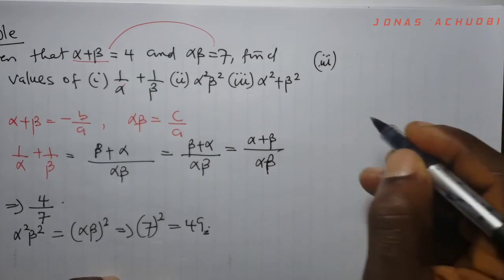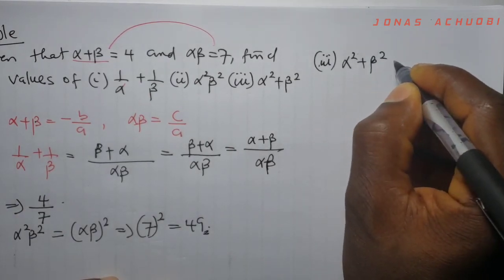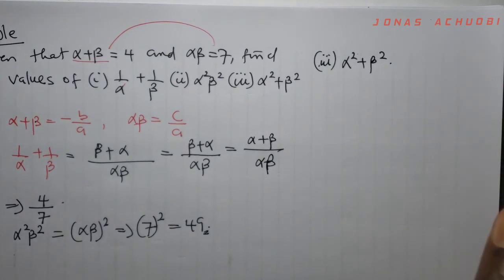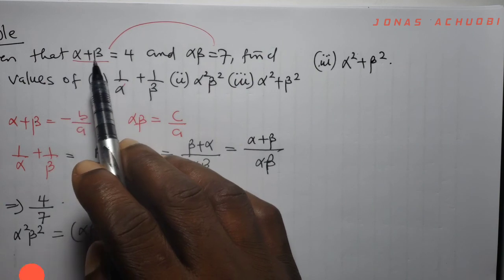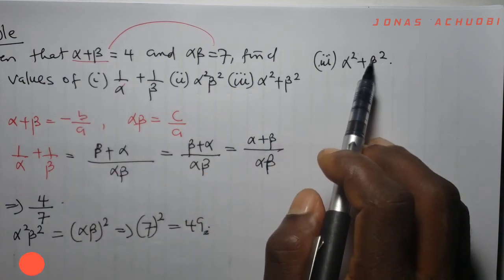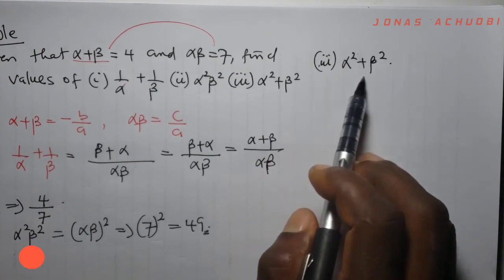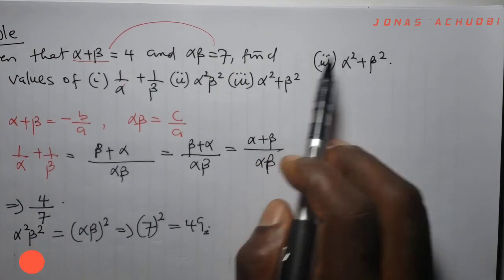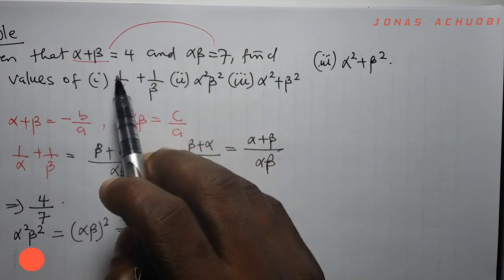We have to find the value of alpha squared plus beta squared. The problem is the same. What we know is alpha plus beta and not alpha squared plus beta squared. So we must look for a way to rewrite this expression in terms of alpha plus beta or alpha beta or both.